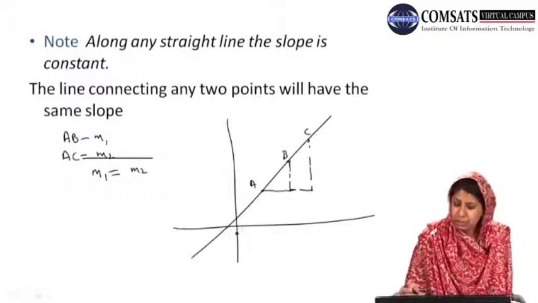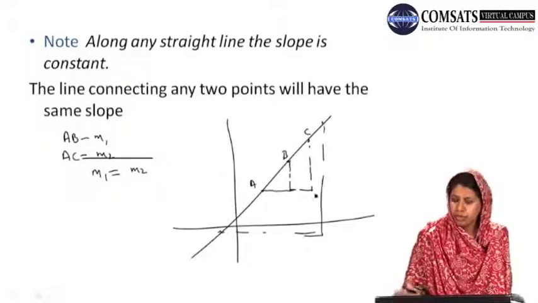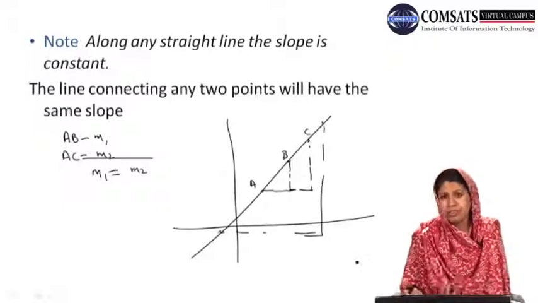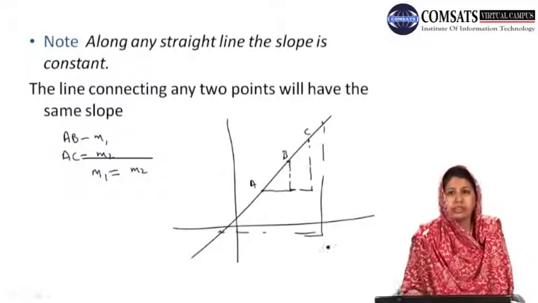Similarly, if we pick any two arbitrary points on the line, then the slope of the line with respect to these two points will be the same. So if we have a straight line, it will have a constant slope.